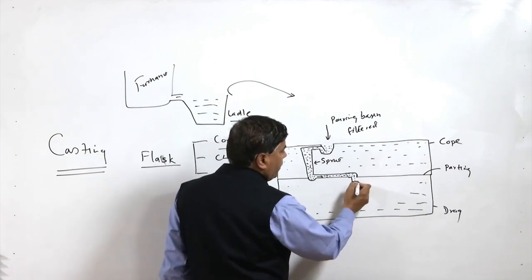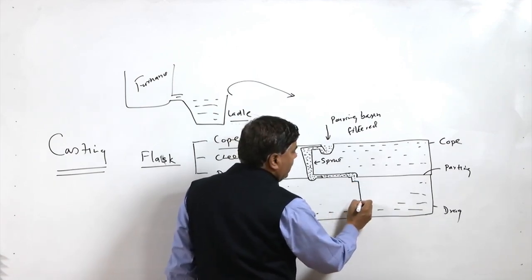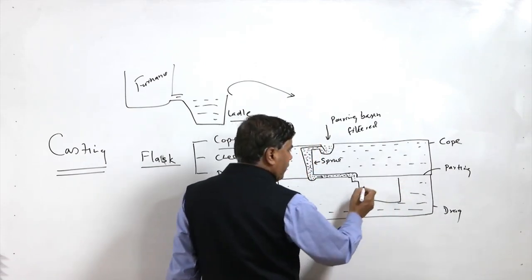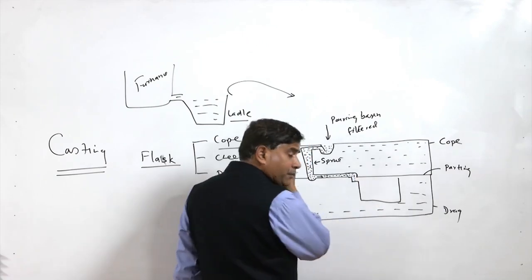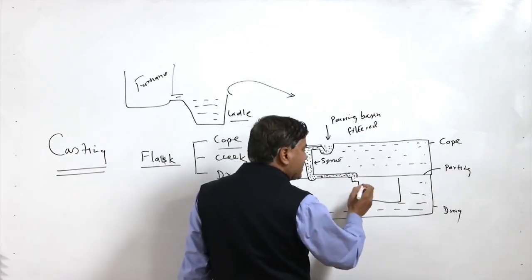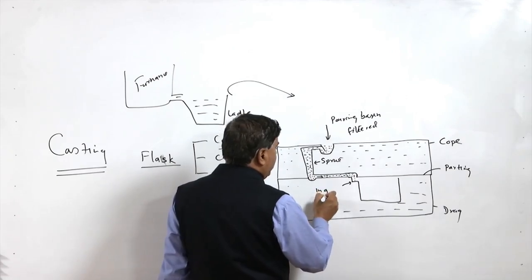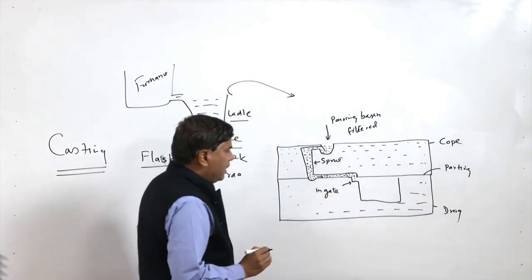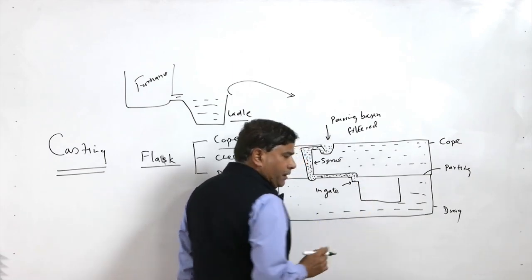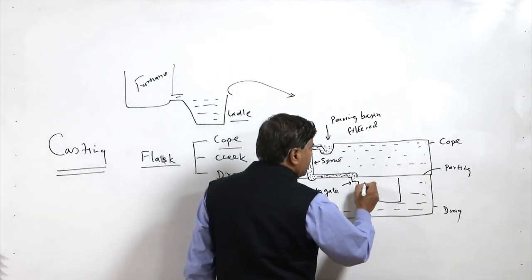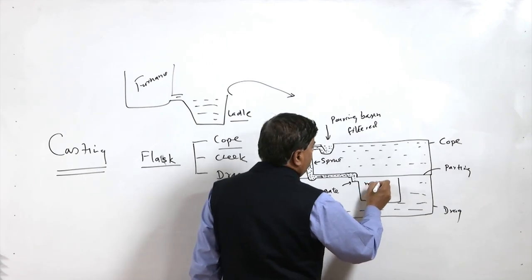This region from where molten metal enters into the mold is called the ingate. And this cavity, according to the shape of the casting, is termed the mold.